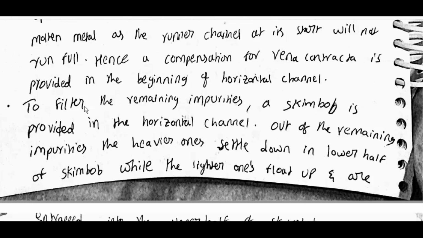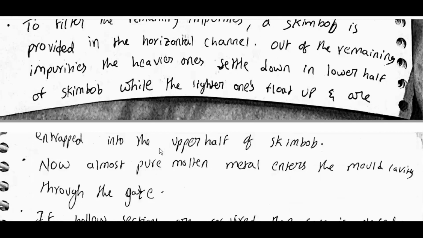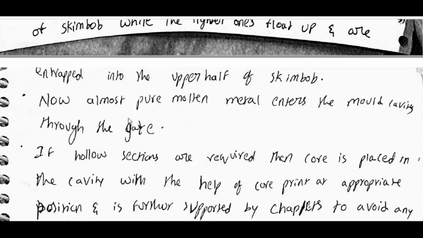To filter the remaining impurities, a skim bob is provided in the horizontal channel. Of the remaining impurities, the heavier ones settle down in the lower half of the skim bob, while the lighter ones float up and are entrapped in the upper half of the skim bob. Now almost pure molten metal enters the mold cavity through the gate.